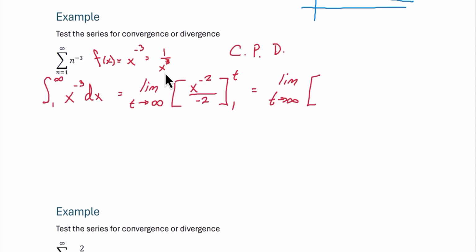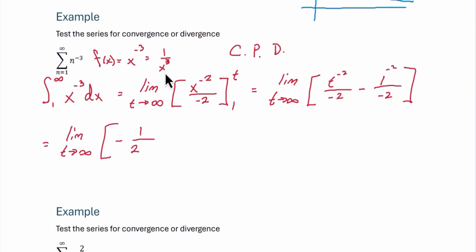Now plugging in those limits of integration, we get t to the negative 2 divided by negative 2 minus 1 to the negative 2 divided by negative 2. Let's come down here and just copy the limit for now. Inside those brackets, let's rewrite this as negative 1/2, and t to the 2 is in the denominator, minus, actually that'll be plus because of the double negatives, 1 divided by 2.